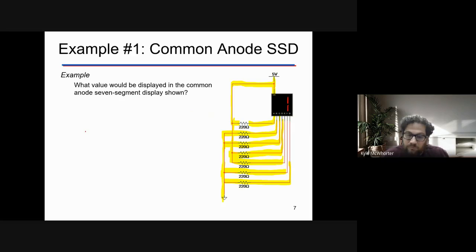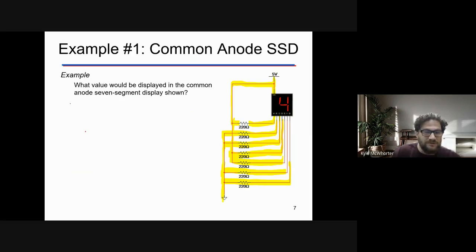So F and G will both be lit up. So we got A on the top, then B, C, D on the bottom. E is going to not be lit up, but F over here and G right here will be lit up.